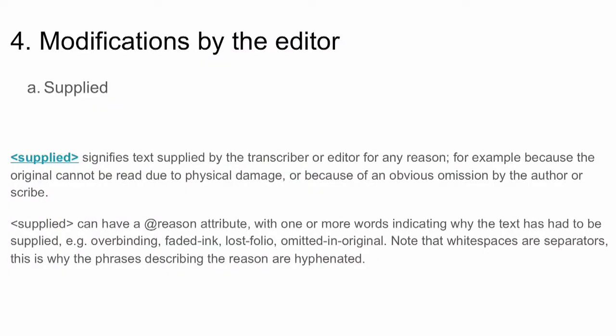Now we are going to see how to encode some modifications that can be proposed by editors. For instance, editors can supply some text when the text has been lost because of damage to the manuscript, but we are going to see in detail how this is done in the next module, or simply because there is a kind of obvious omission by the scribe or author in the text.